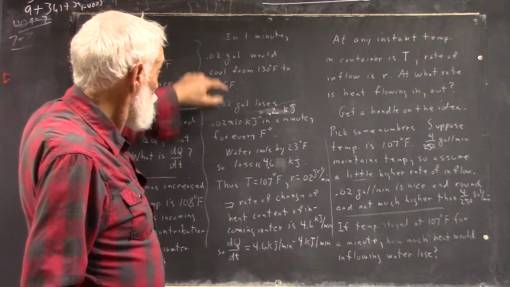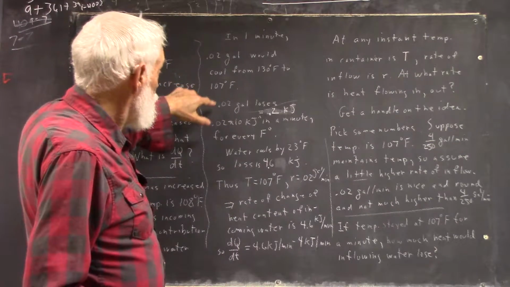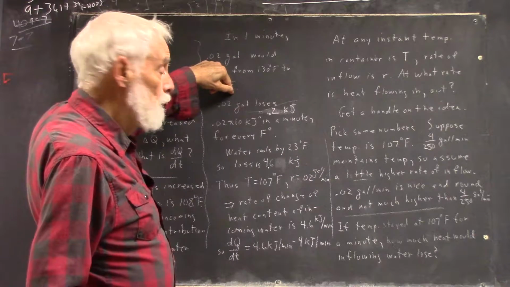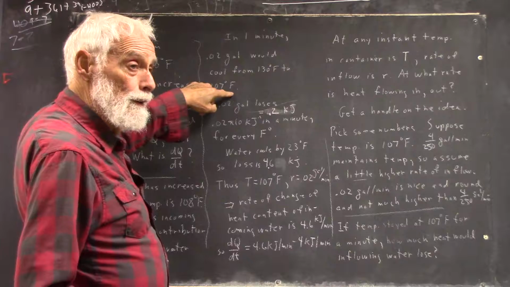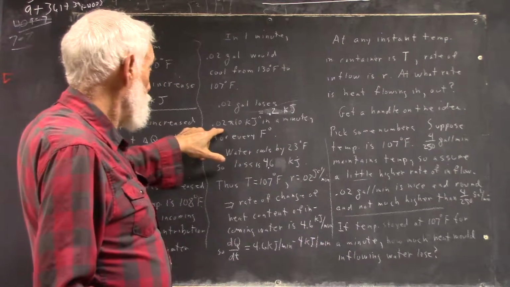Okay, here's what's going to happen in a minute. And then you translate that into the things you want to know. 0.02 gallons is going to lose how much heat to the water? Well, that's easy.